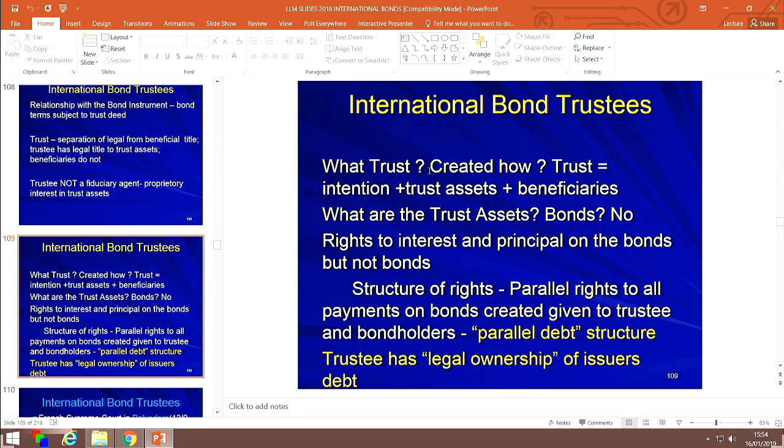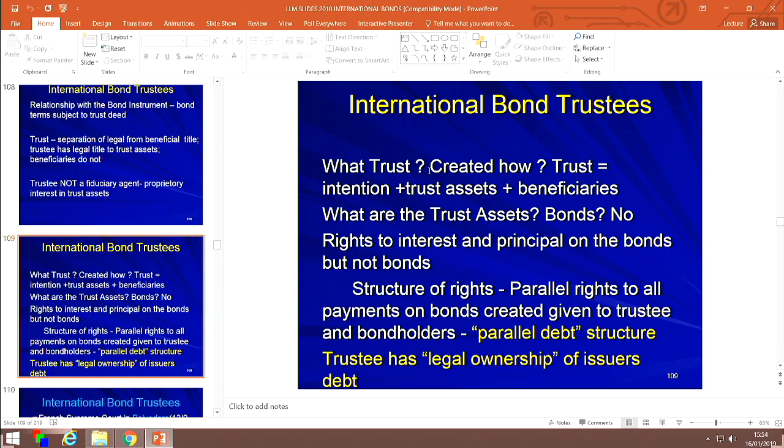And if you read a trust deed and a bond instrument where a trust deed is issued, you will see quite clearly that the trust asset over which there is a trust and over which the trustee has control is in action the right to interest and principal payable under the bonds, but not the bonds themselves.